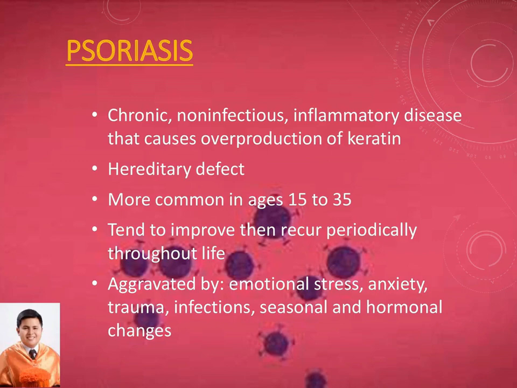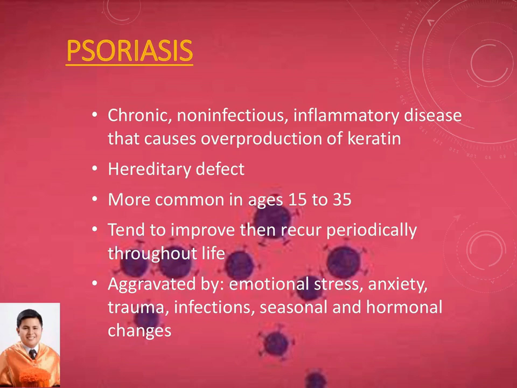Psoriasis. Psoriasis is a chronic, non-infectious, inflammatory disease that causes overproduction of keratin. This is usually considered a hereditary defect, more commonly manifested in ages 15 to 35 years old. In people with psoriasis, this production process may occur in just a few days.